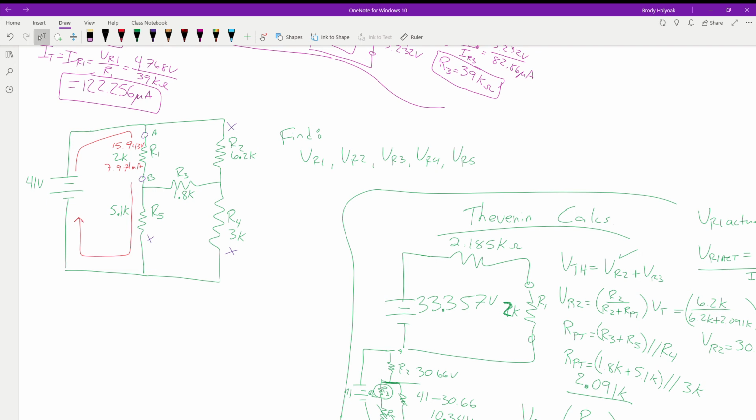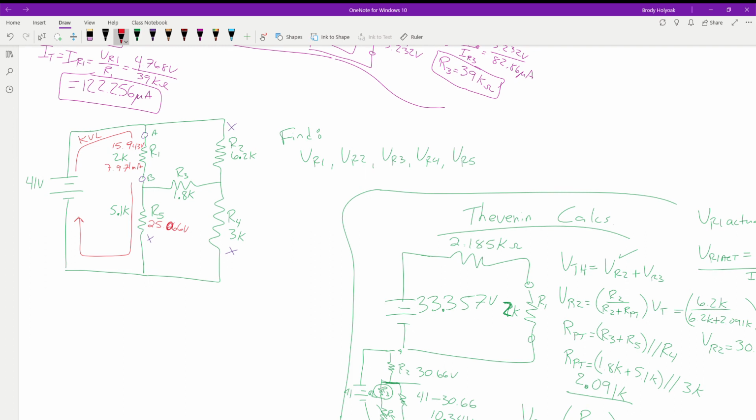So if we have 15.943 volts here, how much do we have across R5? Correct. 25 volt. How much? 0.66 volts.